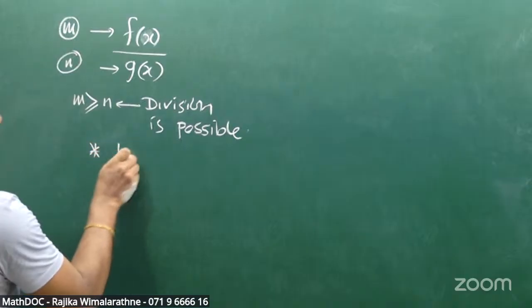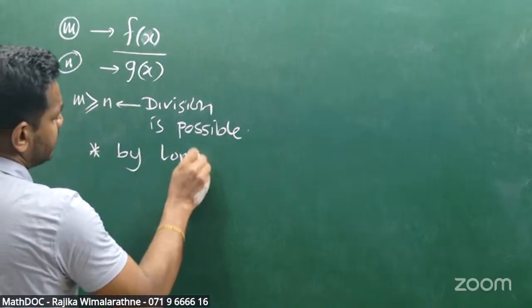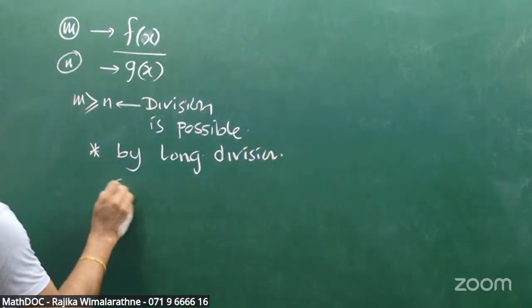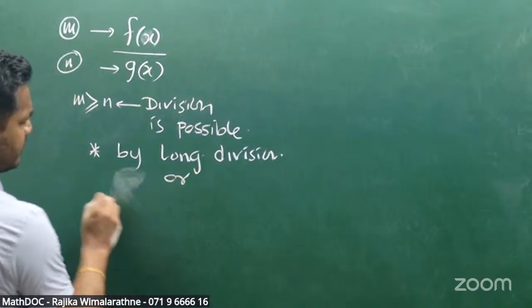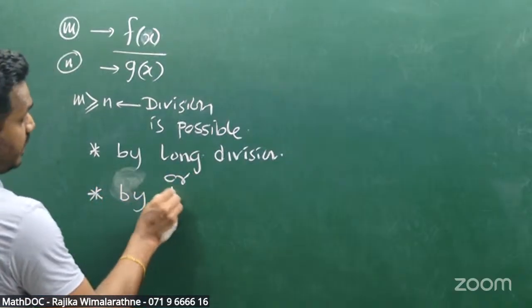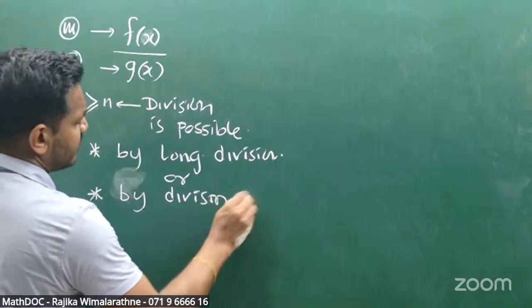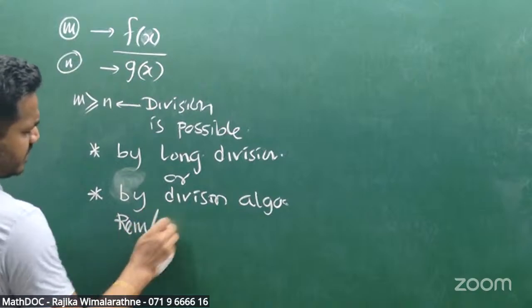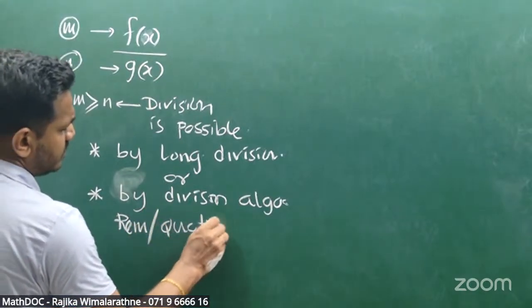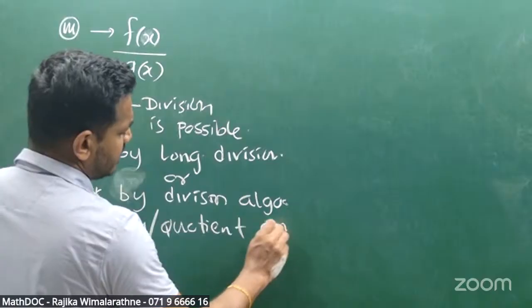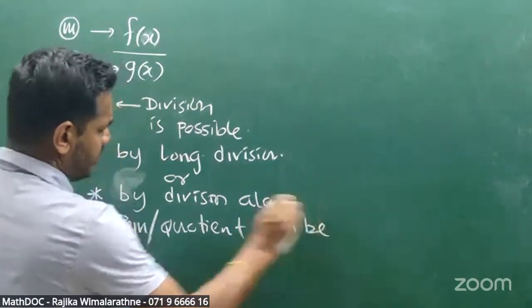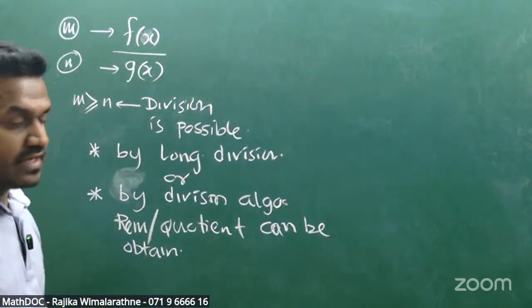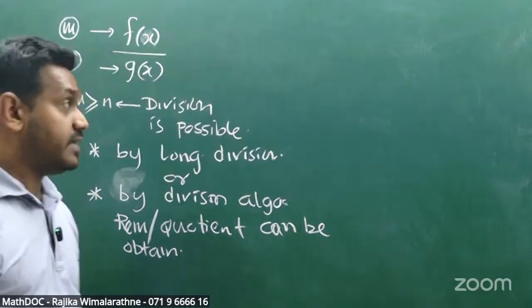By long division or by the division algorithm, the remainder and quotient can be obtained.